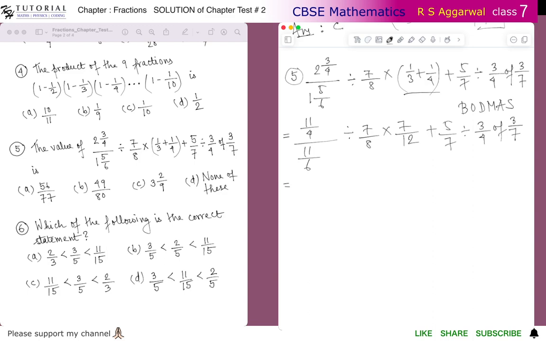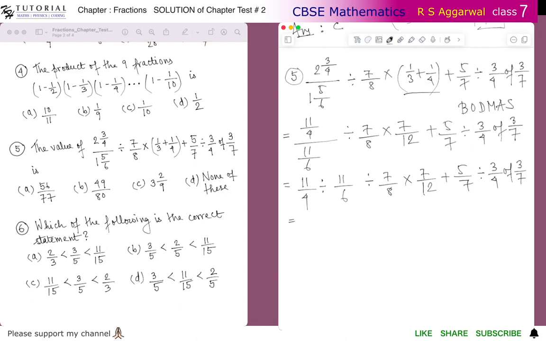Now this thing is basically 11 by 4 divided by 11 by 6. Again we have divided by 7 by 8 multiplied by 7 by 12 plus 5 by 7 divided by 3 by 4 of 3 by 7. Now we have to apply the of operator. We have to evaluate the of operator.